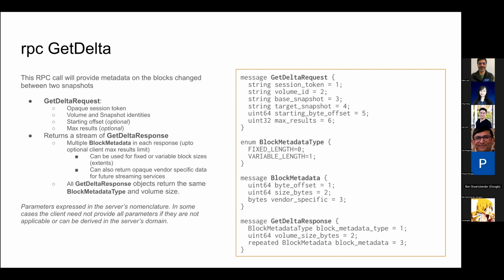So hold on, I want to understand this. You're saying in at least one implementation, there's an optimization that can be performed if you have per block, I guess, vendor specific metadata, and then a different API where you can just get the actual block without having to mount the volume and read the block, and that's somehow faster. Is that what I'm hearing? That's right. It's not just mount the volume, it's create a volume from the snapshot and then mount that volume.